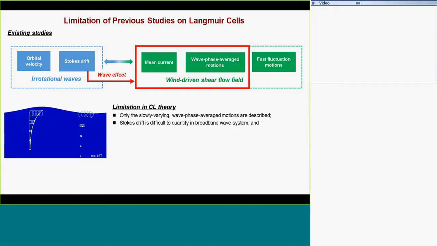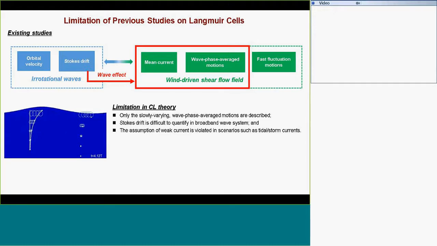Also, in shallow waters, in tidal flows, or in storm currents, a lot of assumptions in that theory are violated.